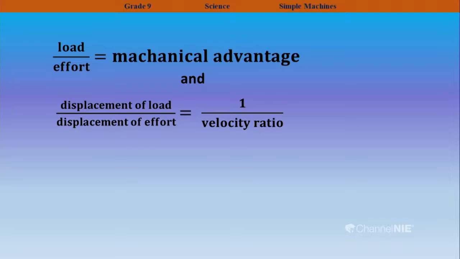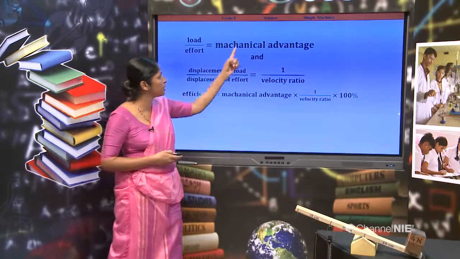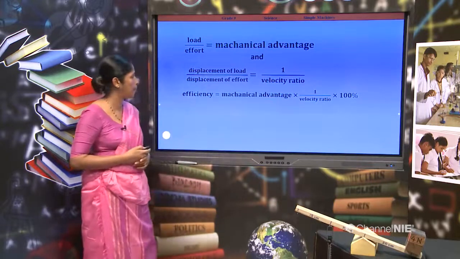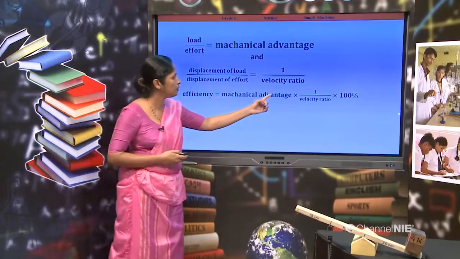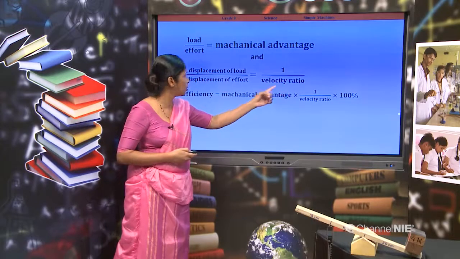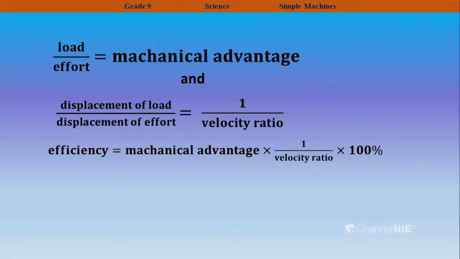Displacement of load divided by displacement of effort is 1 over velocity ratio. So, let us use these two familiar terms in this equation. Instead of load over effort, mechanical advantage. Instead of displacement of load divided by displacement of effort, 1 over velocity ratio. And our percentage mark, that also should be used.